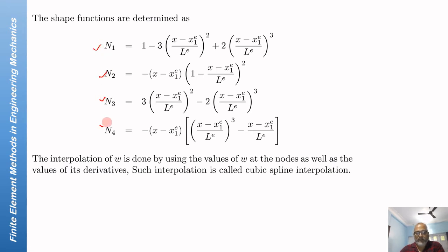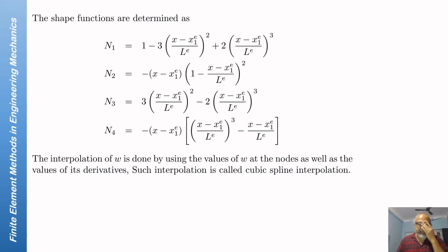So these are the shape functions for this problem derived from the assumed displacement method, and you can easily see that they are not linear functions, though we have two nodes at the two ends. These are cubic functions, and this is an example of cubic spline interpolation. However, they still satisfy the Kronecker delta property. They still have to satisfy the Kronecker delta property, but they are not linear functions.